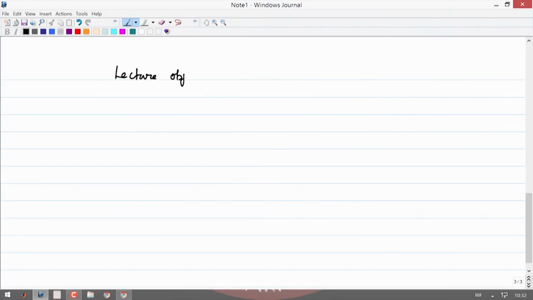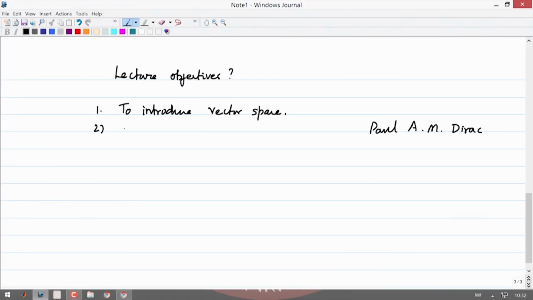Okay. What are the lecture objectives? To introduce the vector space, a special notation which has been used by Paul Dirac, Adrien Maurice Dirac, known as the bracket notation.